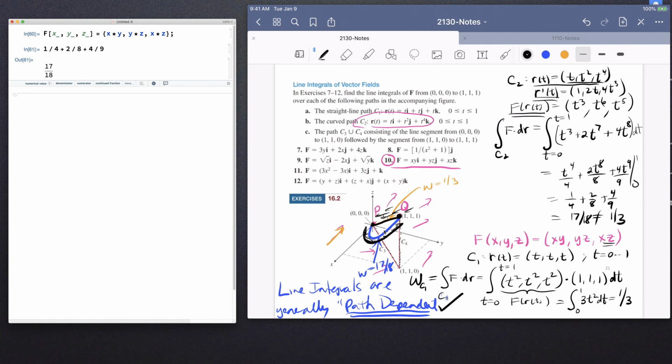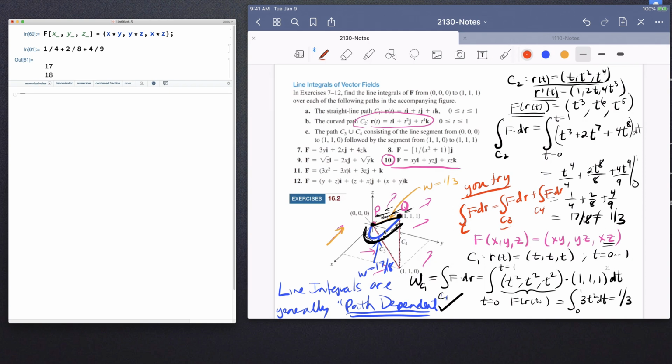Okay, I will leave it for you to compute. So you should try to compute the integral of f dotted with dr along the path C from P to Q by computing along the path C3 and then adding that to the work done along the path C4.